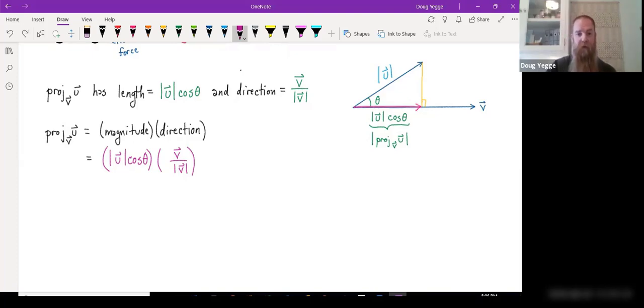So why don't we rewrite this projection as a scalar multiple of v. The projection of u onto v can then be written as the magnitude of u times cosine theta over the magnitude of v. All I've done is move the magnitude of v over to here, times vector v.